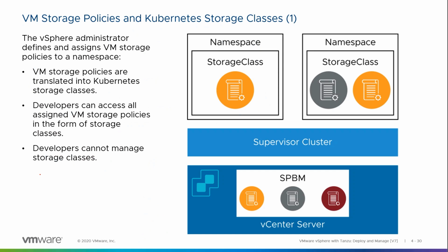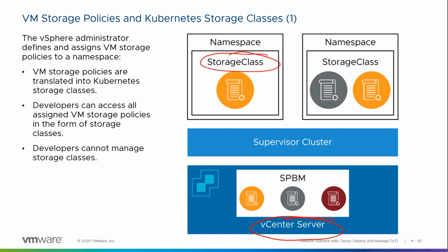We've got our vSphere system sitting down here. So here's our vSphere system. Above us, we're running Kubernetes. Kubernetes doesn't use SPBM. SPBM is a vSphere construct. Kubernetes uses something called storage classes.